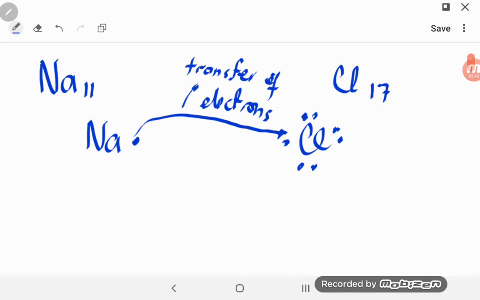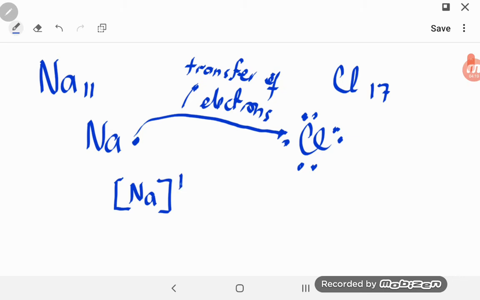Now rewriting the Lewis dot notation, we can write it like this. Since sodium lost 1 electron, it is now more positive than negative, since electrons are negatively charged. So we will write it here as an ion.